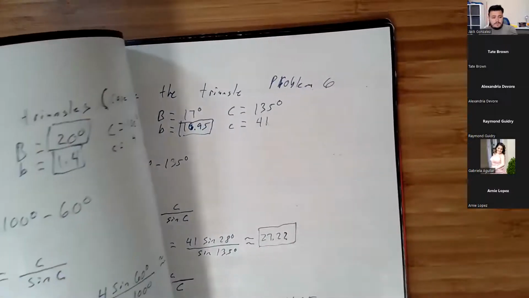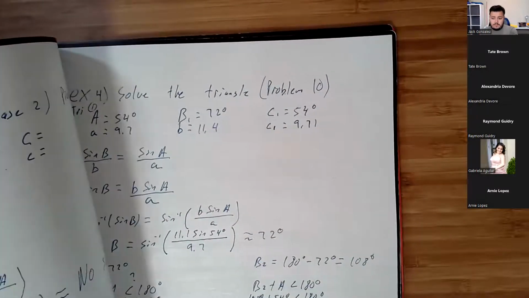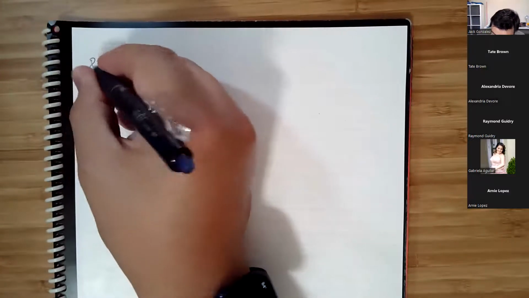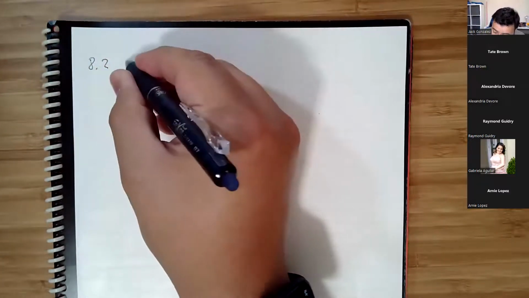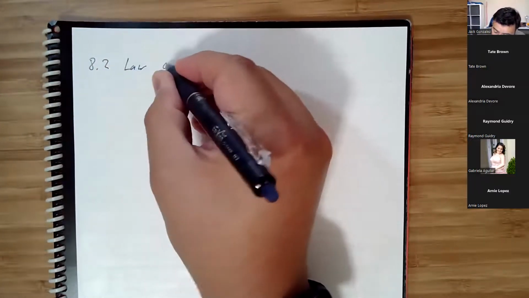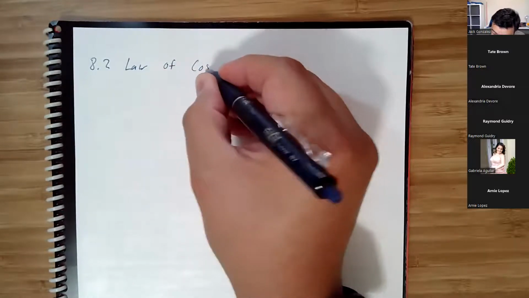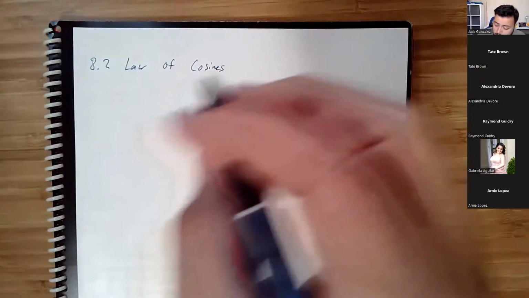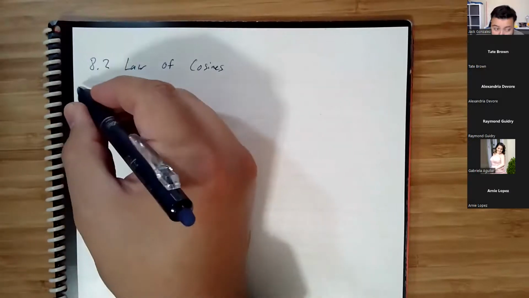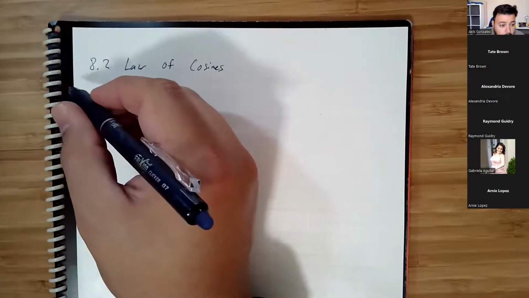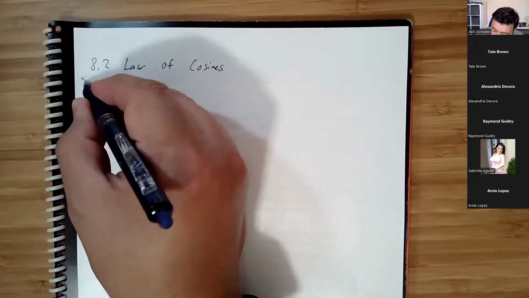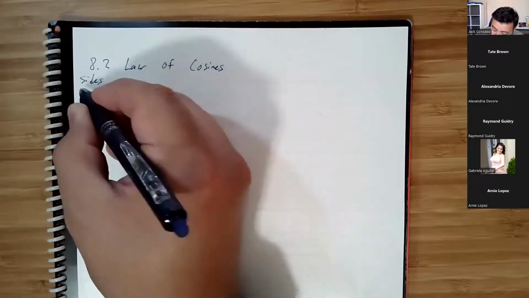Write down the new formulas for 8-2. Okay, so this is the formulas for finding these sides.